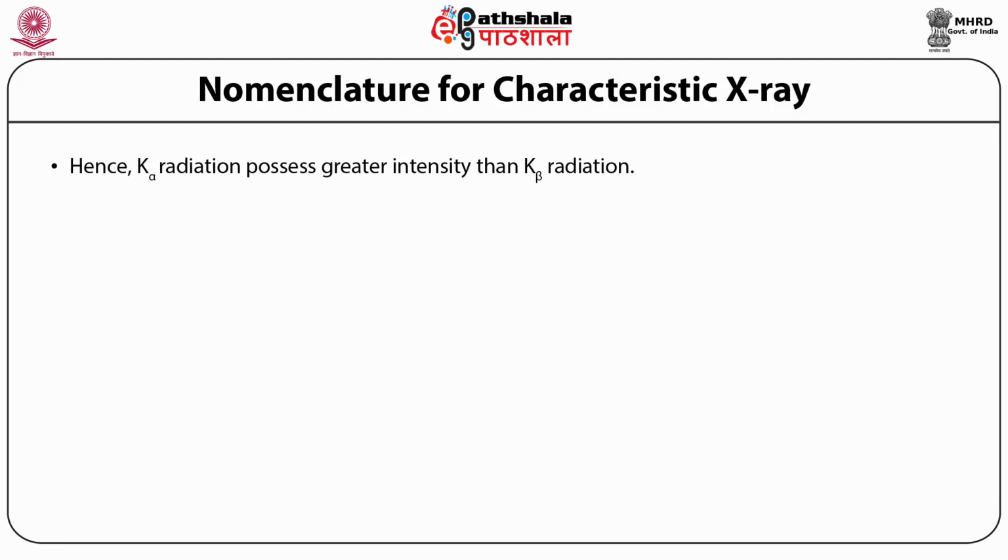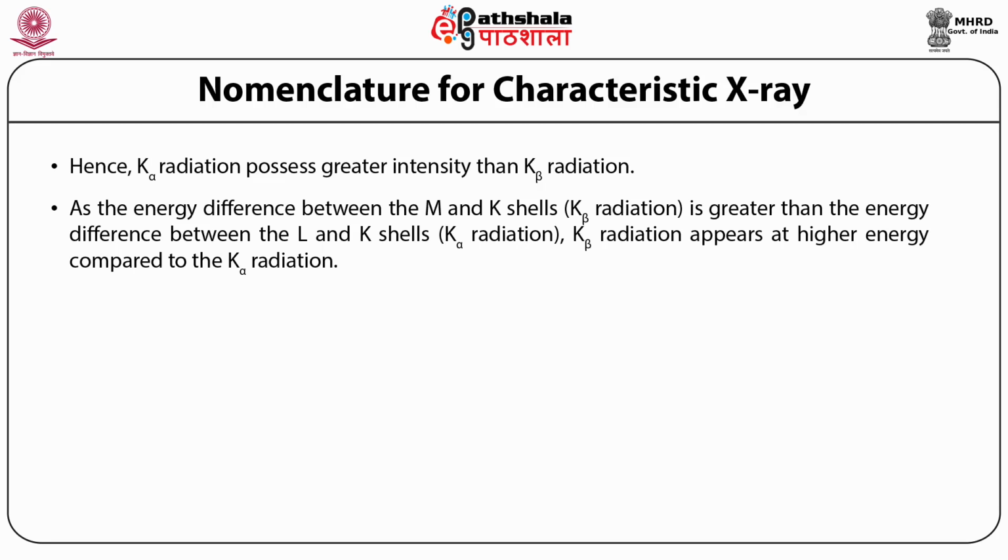Hence, K alpha radiation possesses greater intensity than K beta radiation, as the energy difference between the M and K cells is greater than the energy difference between L and K cells for K alpha radiation.